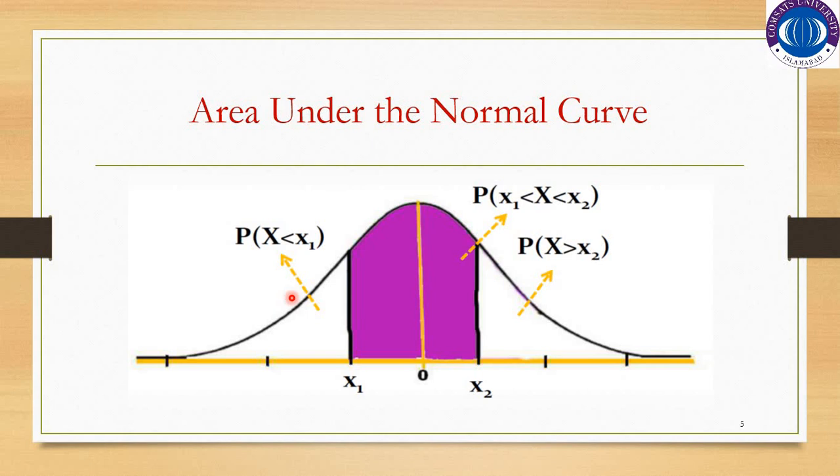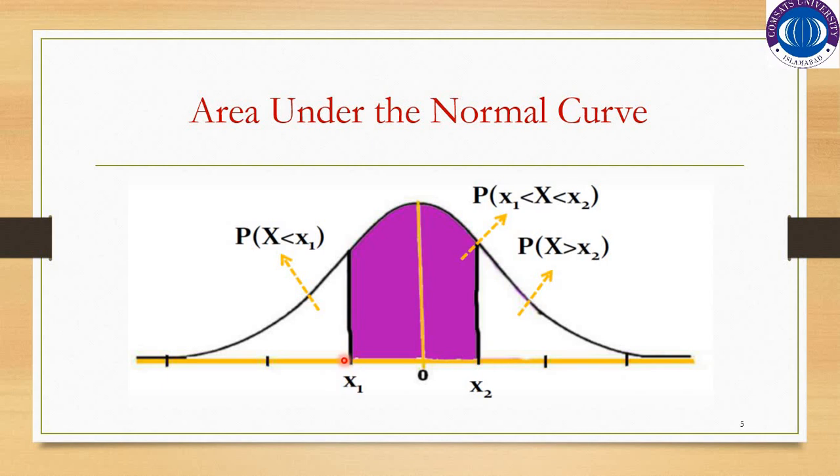So how will we find the probability under this normal curve? As you know, the normal distribution is a continuous distribution, so obviously we will find the area between two points, as we discussed in the lecture on continuous distribution functions.